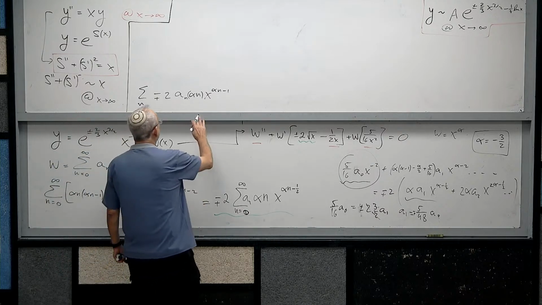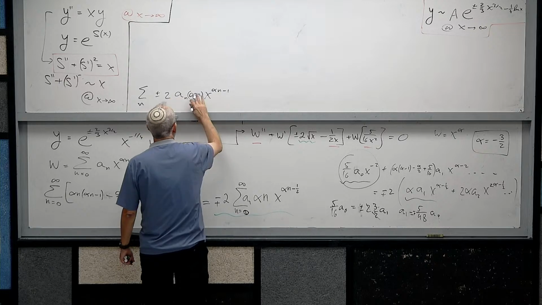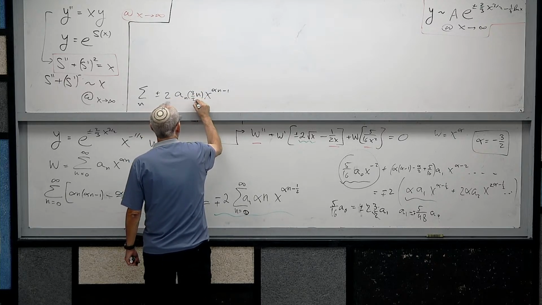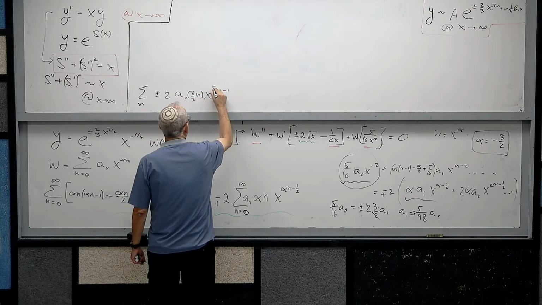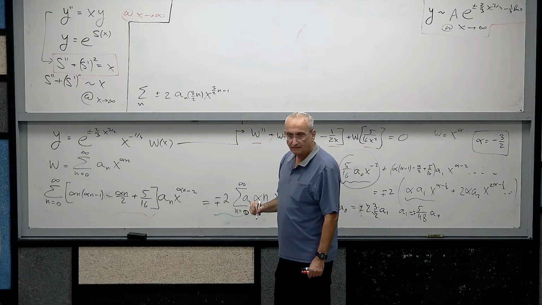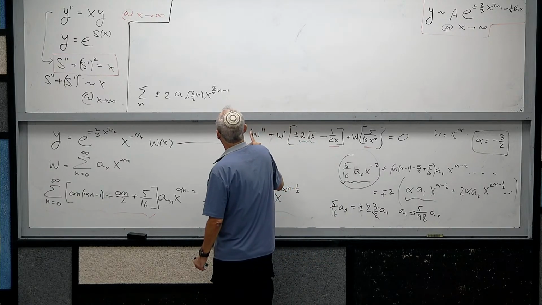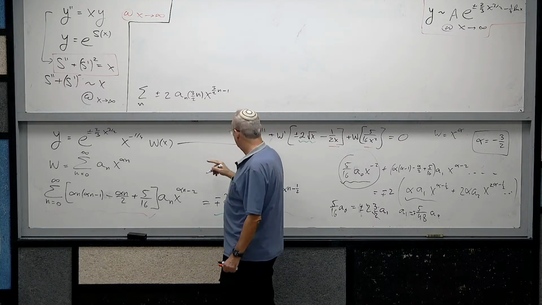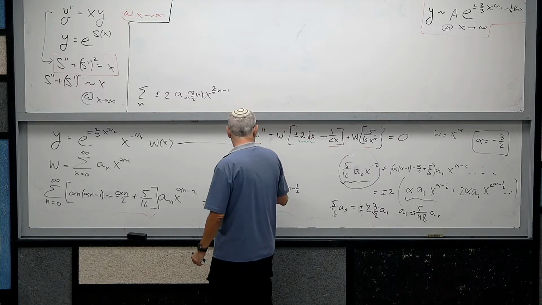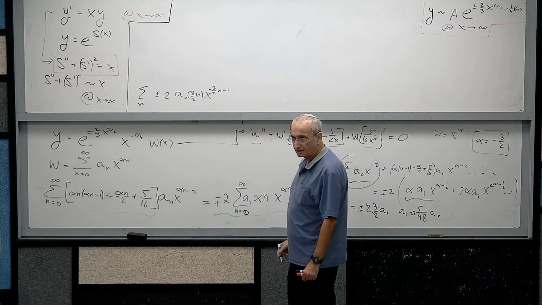Now I know that alpha is minus 3/2, so I have plus minus here. This will be 3/2 n minus 1. The exponent is x to the minus 3/2, minus 3/2 and minus 1.